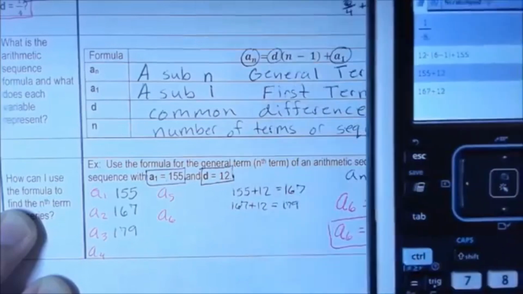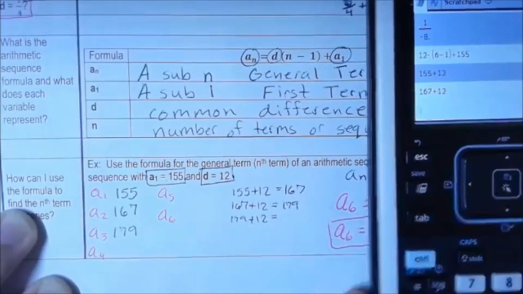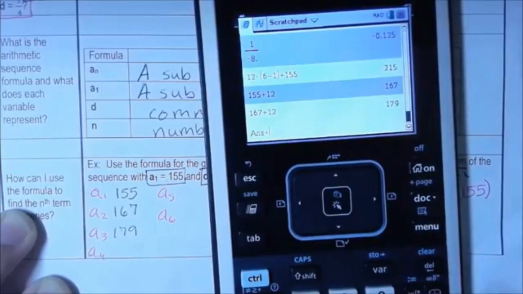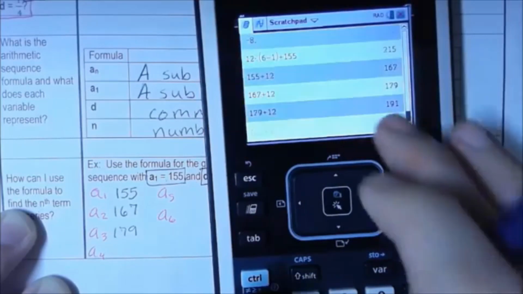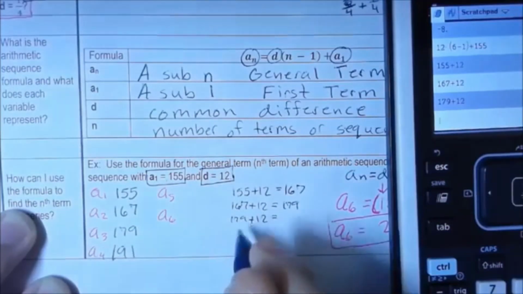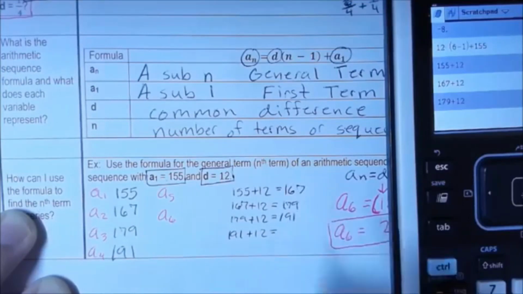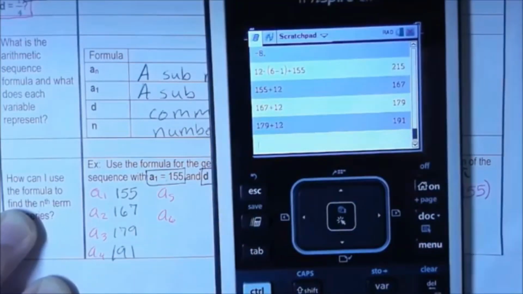Then I'm going to do a sub 4, which is going to be 179 plus 12. So we'll just add another 12 to it, and it gives me 191. So a sub 4 is 191. And then we have 191 plus 12. If I put that in my calculator, I'm just going to add another 12 to the sequence.